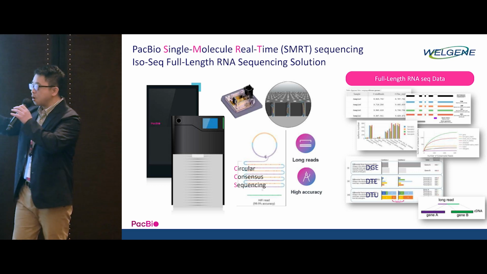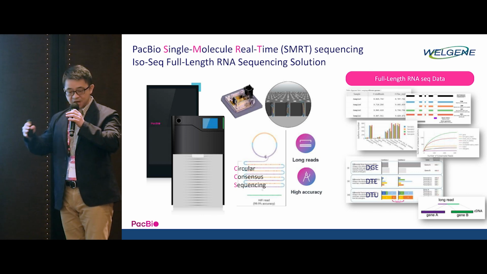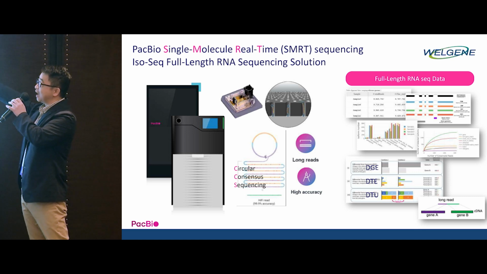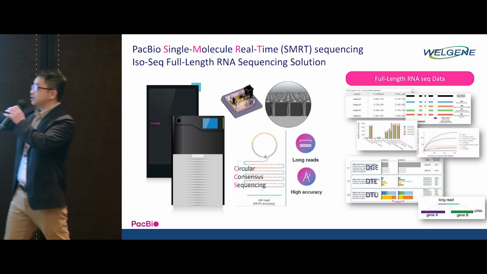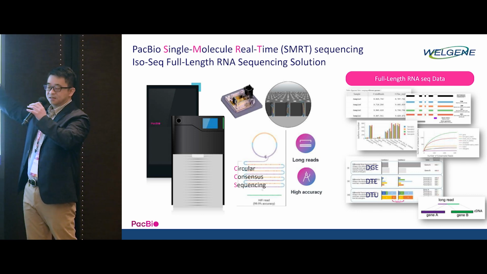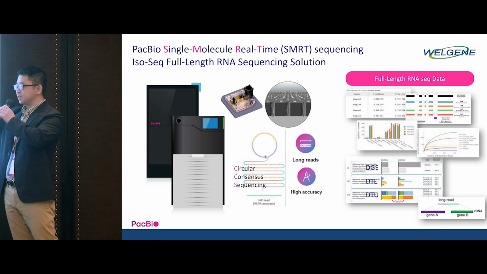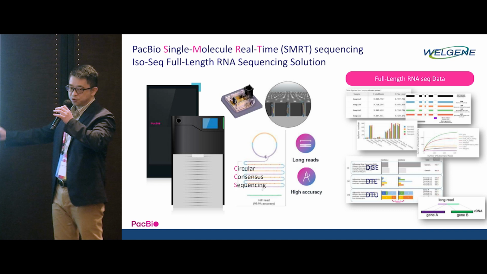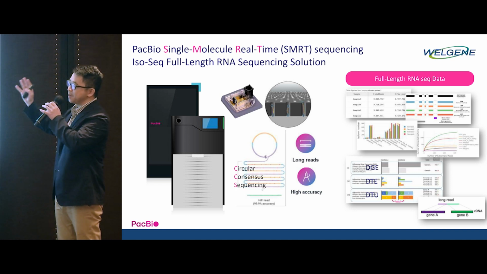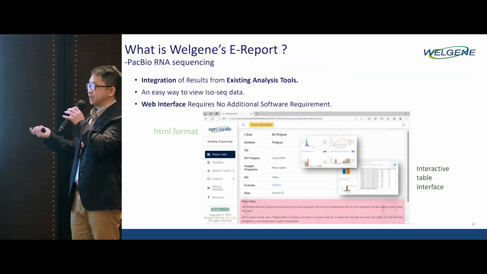It can provide long and high accuracy data, and you can see various types of data in the user's RNA-seq data, such as read quality, isoform types, isoform detection saturation, differential expression or transcript differential usage, even gene fusion finding. There are a lot of types of data. How can I integrate this data?